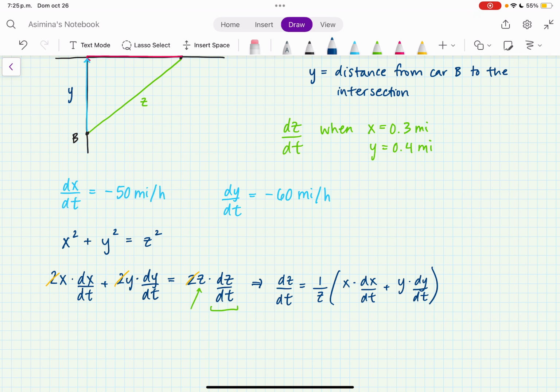Okay, now we're close to being done. So we wanted to evaluate dz/dt when x is 0.3 and y is 0.4. So we have values for x and y. We're also given these rates, so we have values for dx/dt and dy/dt. The only thing we don't know is z, but we can solve for the value of z using the Pythagorean theorem.